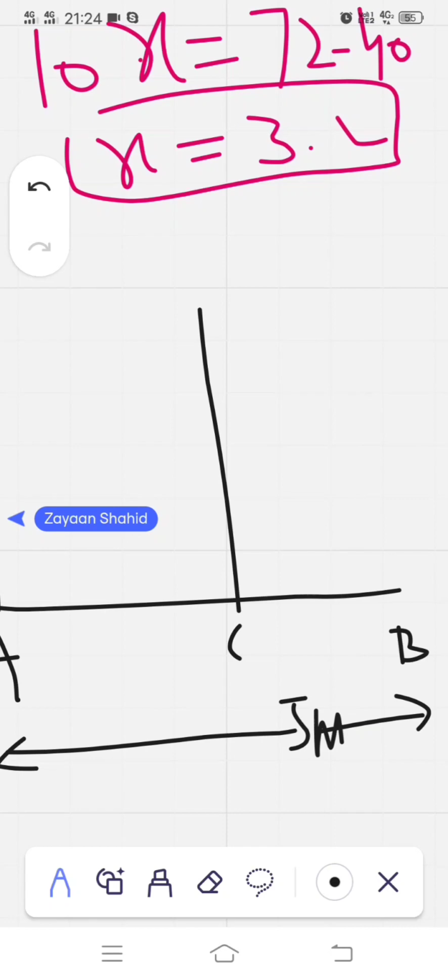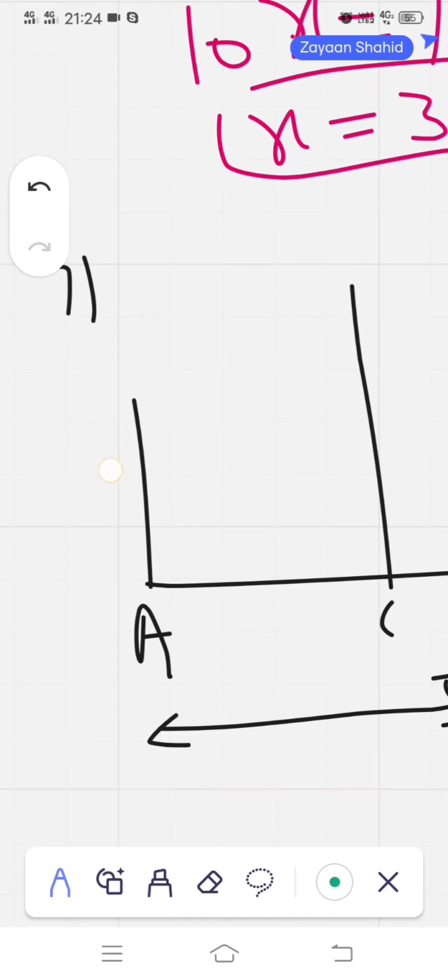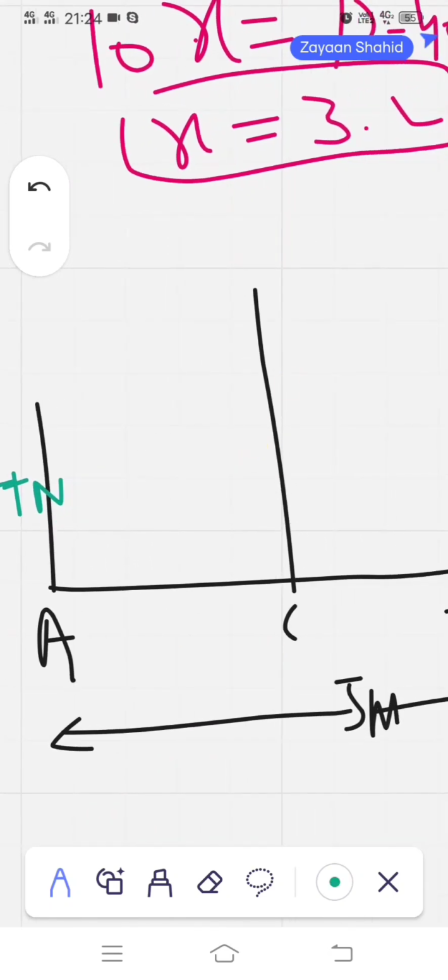It is then held horizontally in equilibrium by two vertical wires attached at A and C. You can see the figure. The tension in the wire at C is 4 times the tension in the wire at A. So if the tension in A is T Newton, then the tension in C is 4T.